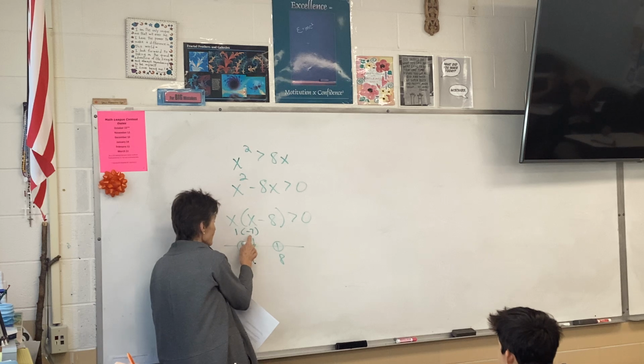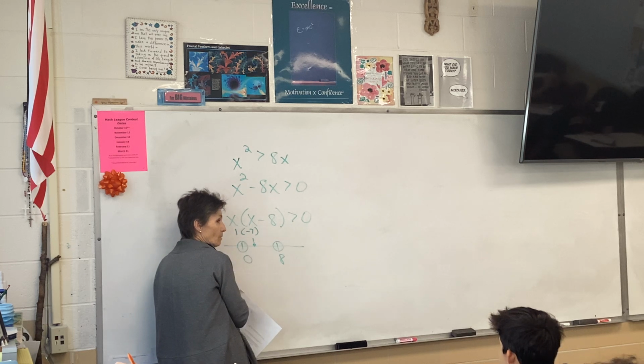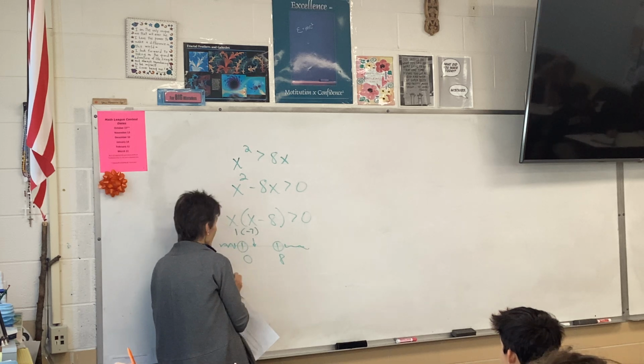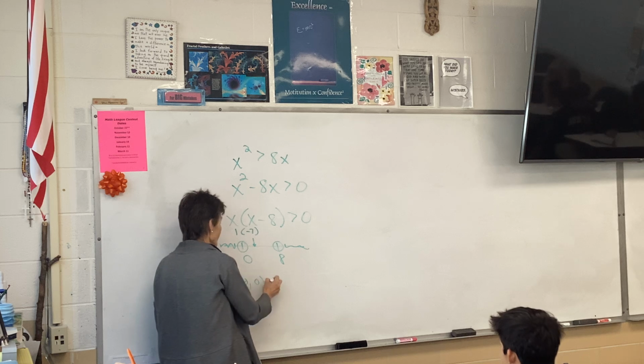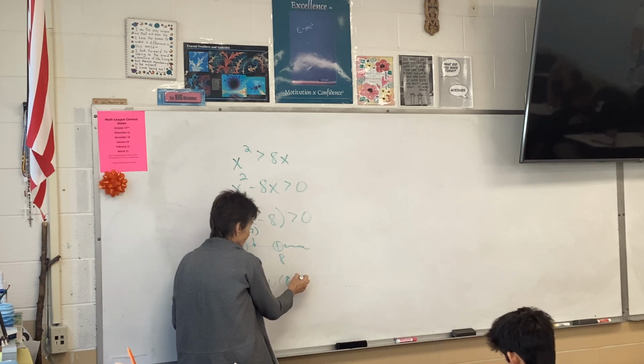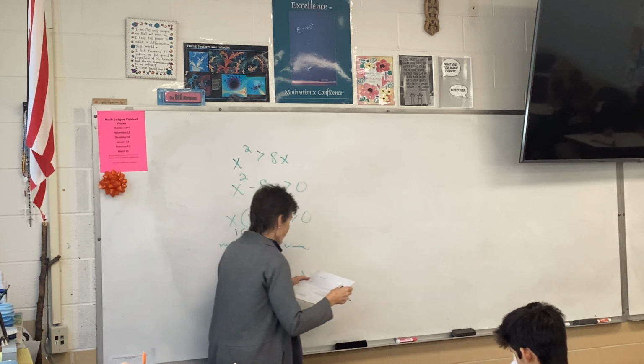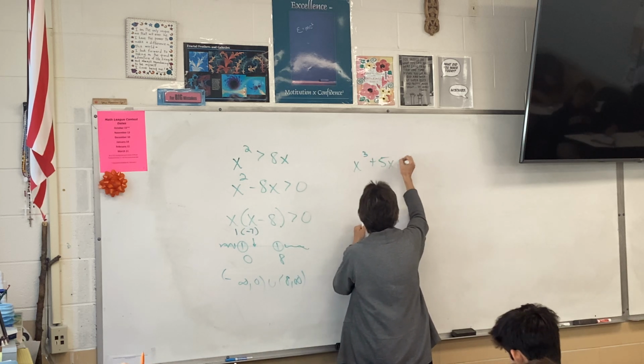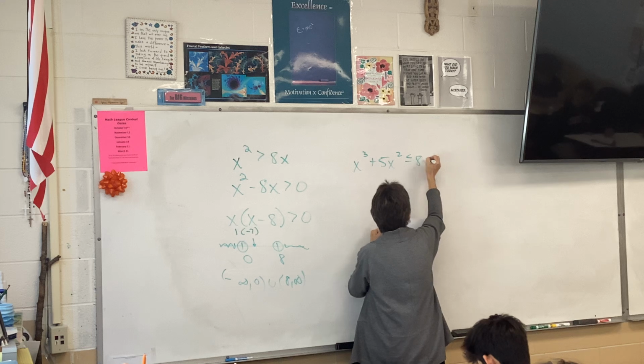Is 1 times negative 7 bigger than 0? No. So I'm not shading where the 1 is. Instead, I'm shading out here, negative infinity to 0, and 8. Do you shade when the equation is true? Yep. You shade the section that makes it true.